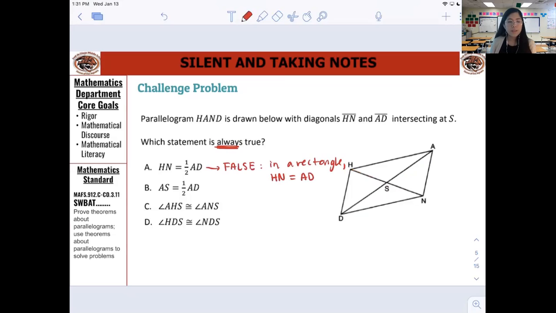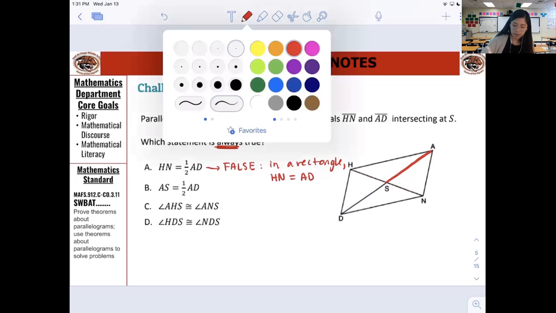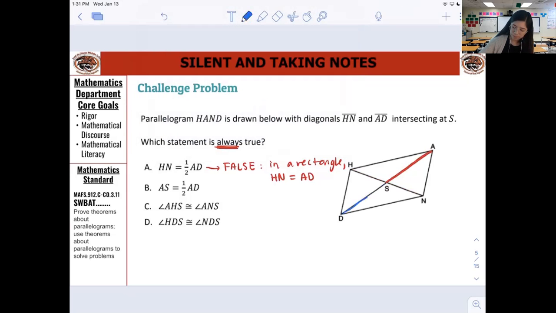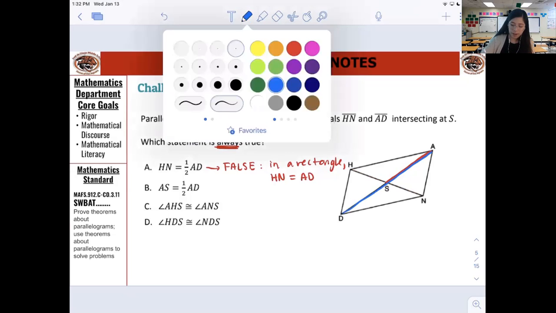Second one, AS is 1/2 of AD. AS is 1/2 of AD. Tyrone says true. Okay, Tyrone is very sure that this is true. It looks like it, right? Because what do we know about S?